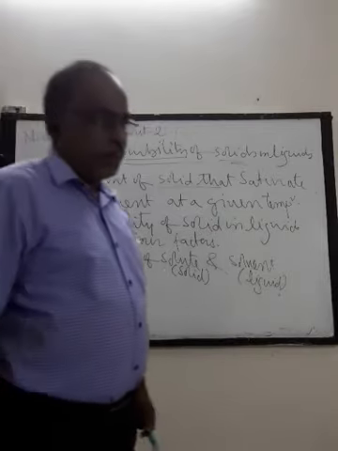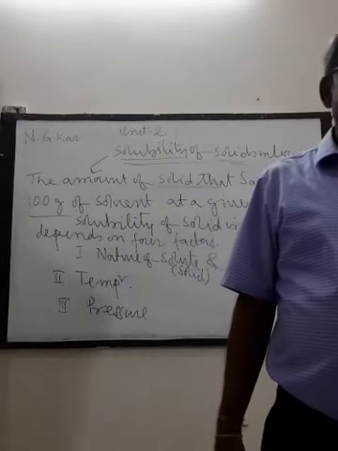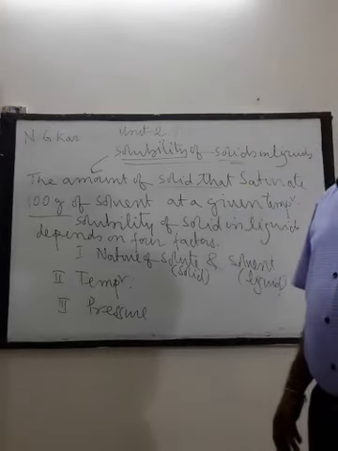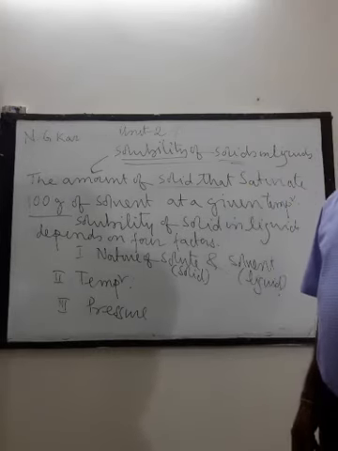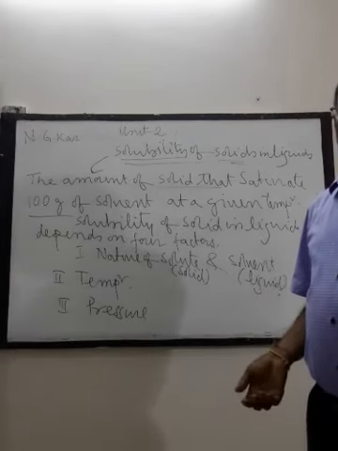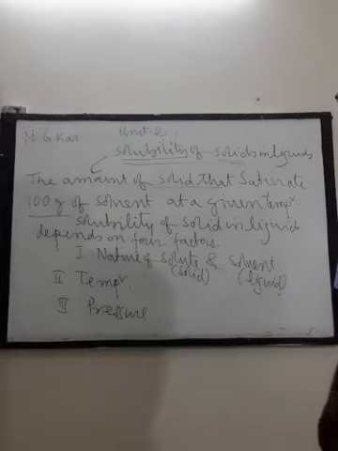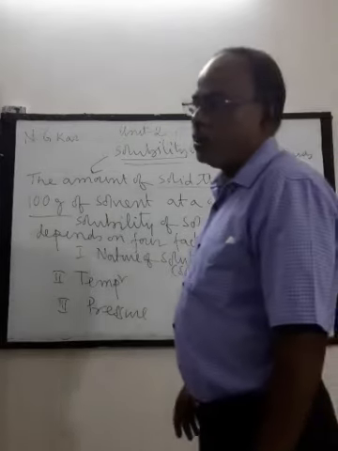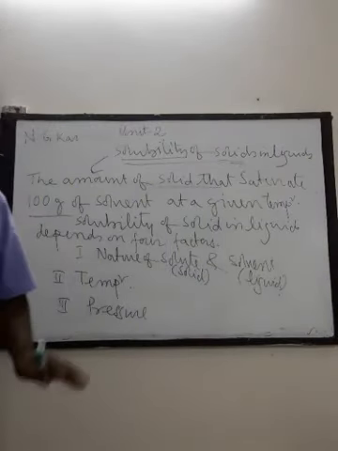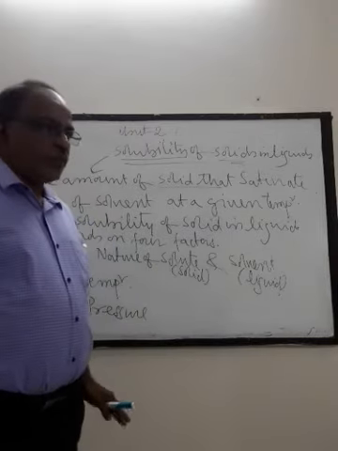Like dissolve like means if substance is ionic or polar, then it is soluble in polar solvent like water, and if substance is non-polar or covalent compound, then it is soluble in non-polar solvent like benzene, chloroform, carbon tetrachloride, etc. So this is basic principle for solute and solvent.